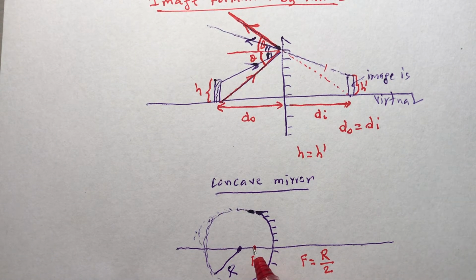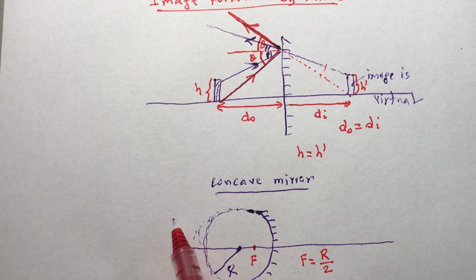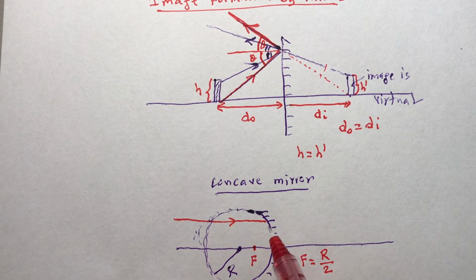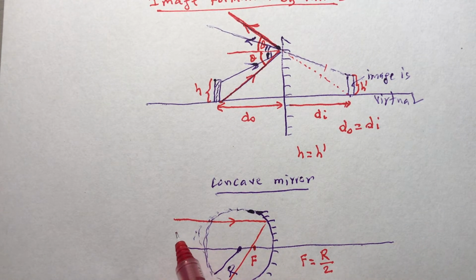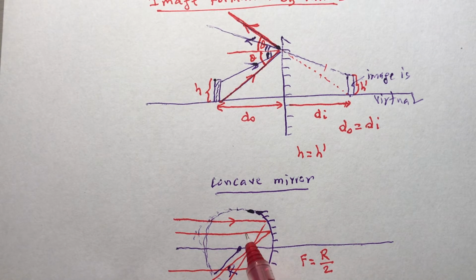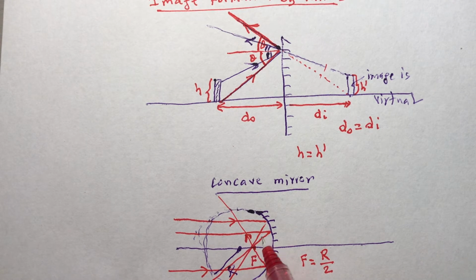Now, all the light that's coming in from far away, let's see, this light here coming like that, is going to go through the focal point. If you take another ray, it will go through the focal point. If you take another ray here, it will go through the focal point. So all rays go through that focal point.